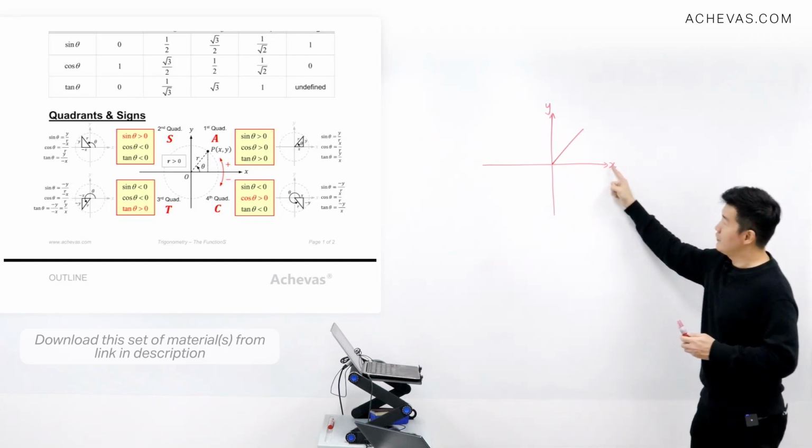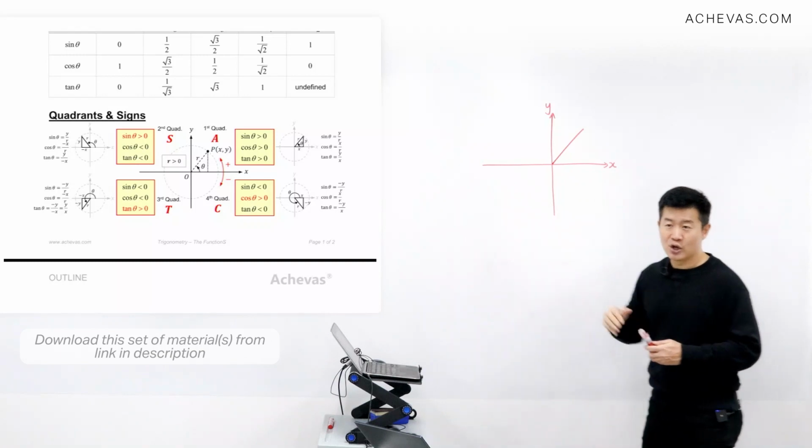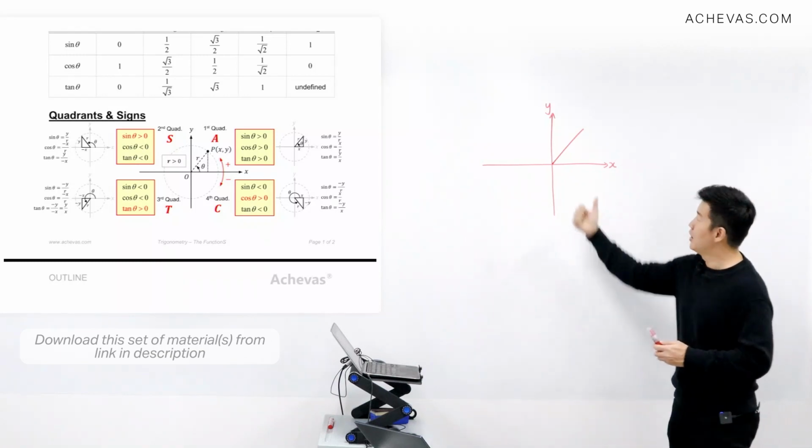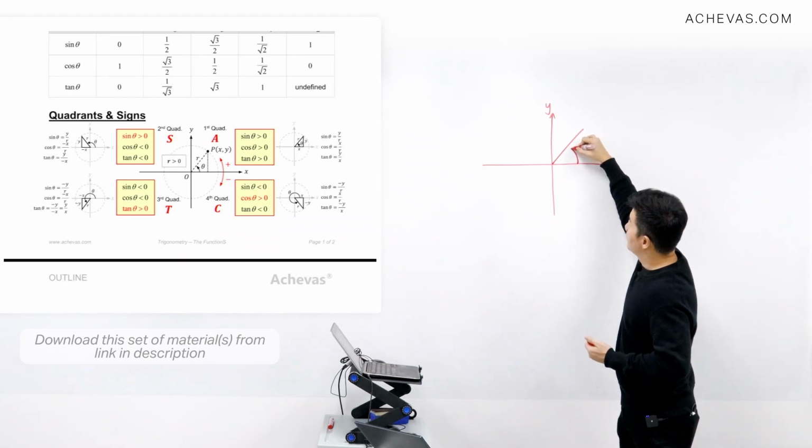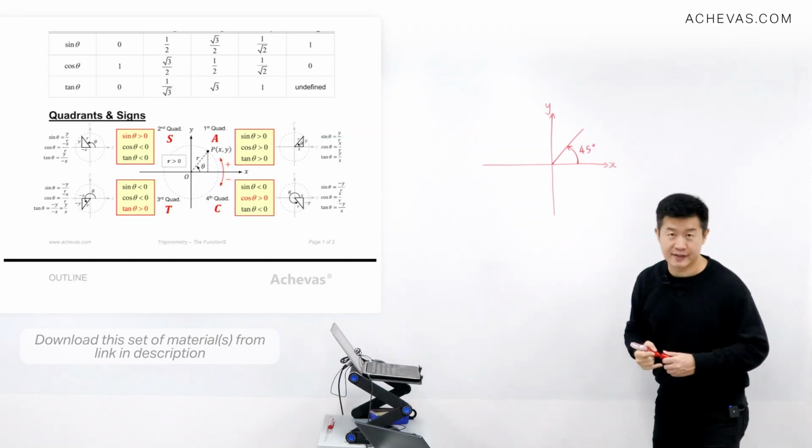So this is the positive x-axis, this is the negative x-axis. So we will start referencing the angle from the positive x-axis, which is going to be here. So from here to here, this angle will be 45 degrees.